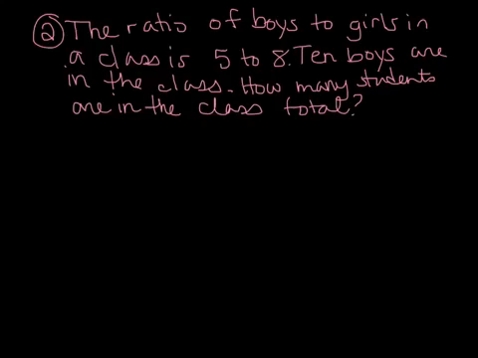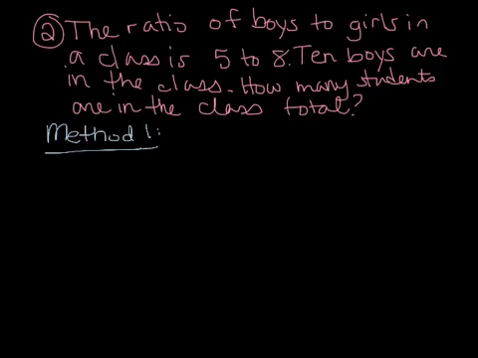Our next problem is one of those ones that looks easy, but is actually a little bit tricky. There are 2 methods that you can use to do this. For both, you start by setting up a proportion. We know that the ratio of boys to girls is 5:8.